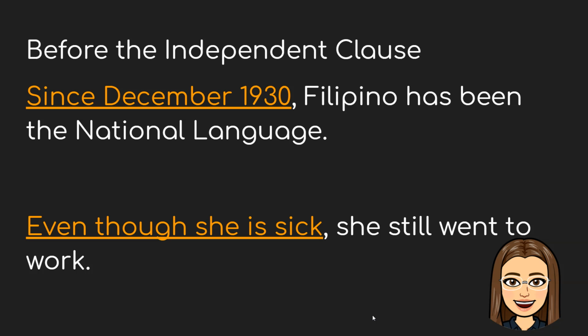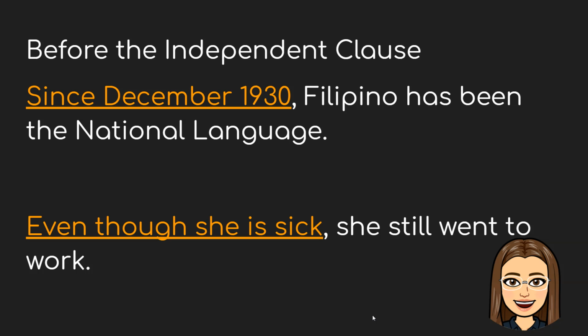Now let's talk about the dependent and independent clauses in these sentences. For our first sentence, we have here since December 1930, and that is our dependent clause because that is not a complete sentence. And our independent clause is Filipino has been the national language.